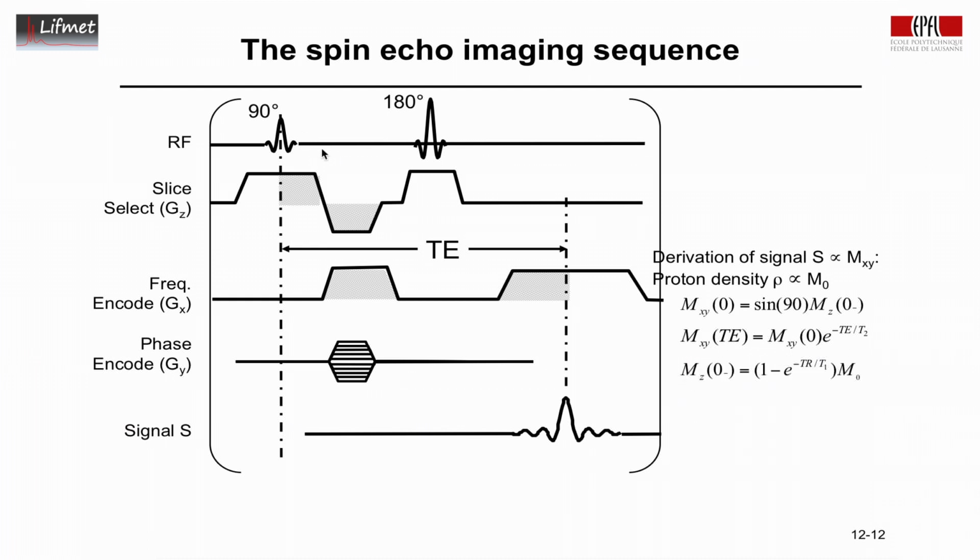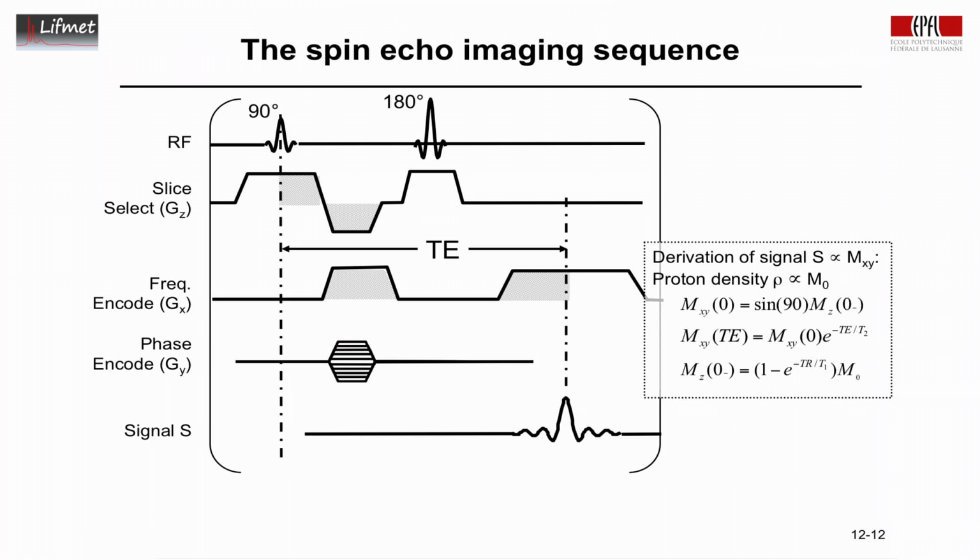And the Z magnetization just before the pulse, which is the last parameter that we need to understand here, is 1 minus e to the minus TR over T1 times M0. Those are the longitudinal coherence parameters for 90-degree pulse excitation, and you can look that up in lectures 9 and 10 when we dealt with this situation.